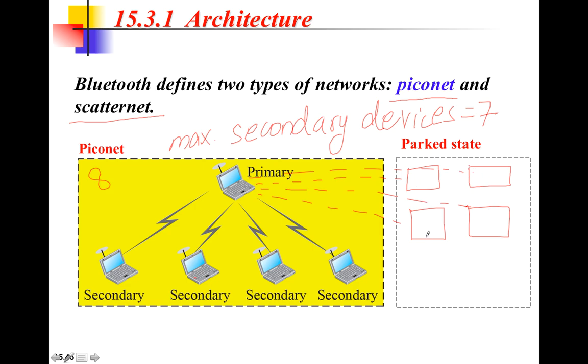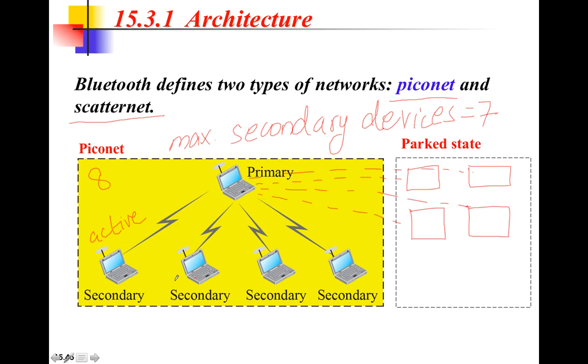They cannot send any information. In order to send information, they will have to move to the active state. The devices here are active. So if they want to send something, they will have to move in here.